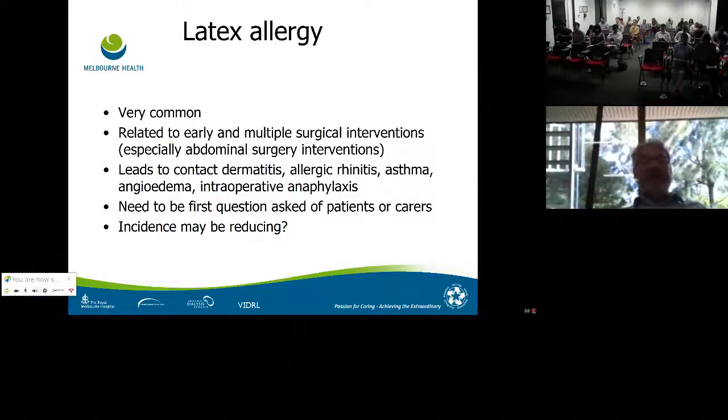quite severe bronchospasm, angioedema, and certainly it used to be an issue that occasionally cropped up in the operating theatre, but not only in the operating theatre, with anaphylaxis, and certainly some of these people have had to have pens provided for them with some sympathomimetics.